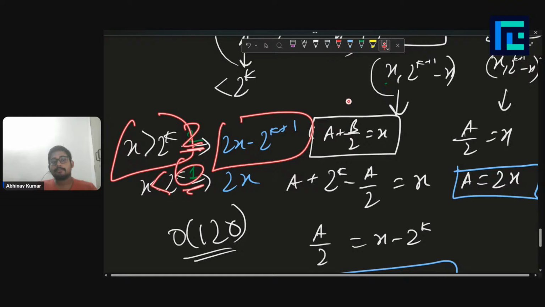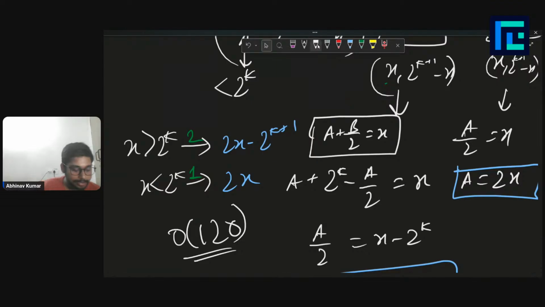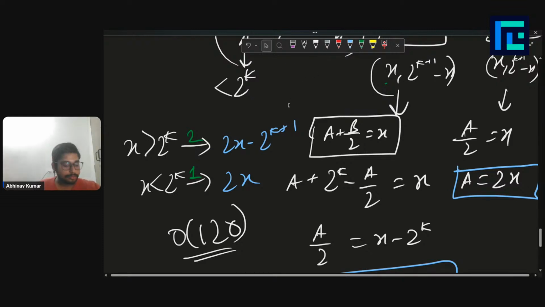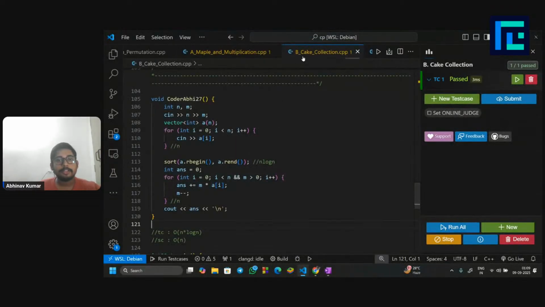If it is less, apply operation 1 and update your value of x. This way you would get the operations in reverse order. If you reverse that vector, you get the operations in straight order. I hope it would be clear now. So if it is clear, I think we can move to the code.